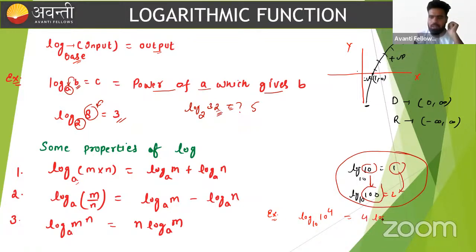So this is nothing but 4 log base 10 of 10. And we also know that if the base and input of a logarithmic function are the same, then this value will become 1. As we already know, the output of log is the power of the base that gives the input. So this value is nothing but 1, and this will equal 4.